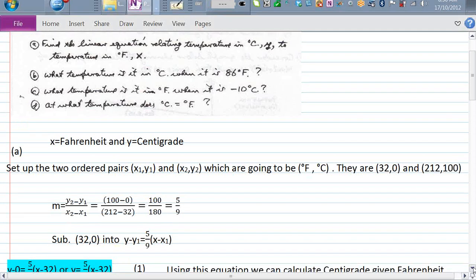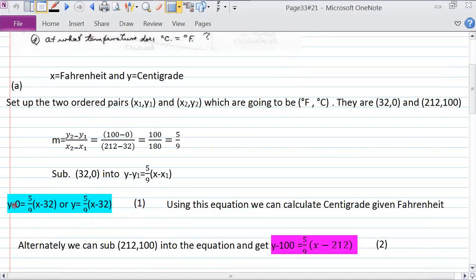If we did that, we would get y minus 0 equals 5/9 times x minus 32, or just dropping the 0 here, obviously y equals 5/9 times x minus 32. So here we would have the centigrade value, and if we knew the Fahrenheit value, we could calculate the equivalent centigrade value. So when we put this into this, we get this equation right here. As I said, we can calculate centigrade given Fahrenheit.